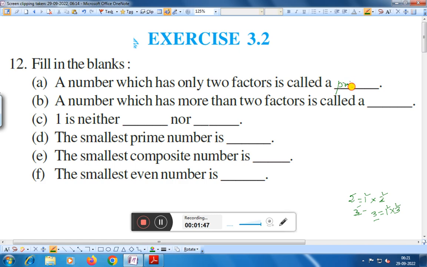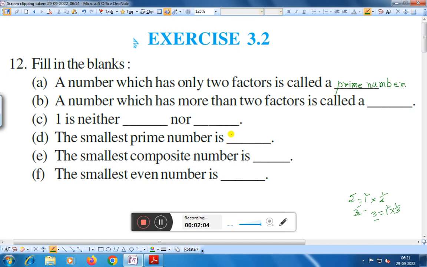Therefore, a number which has only two factors is called a prime number.